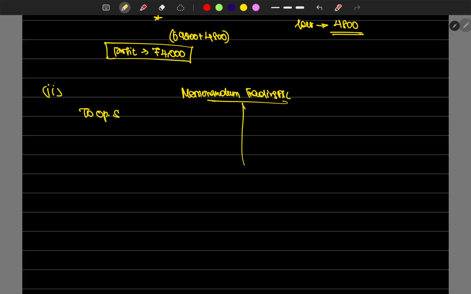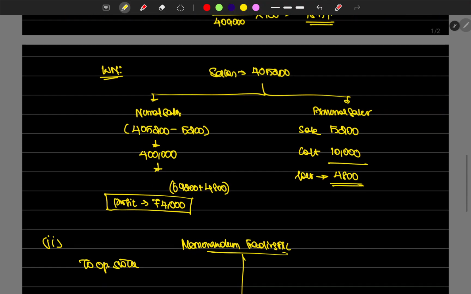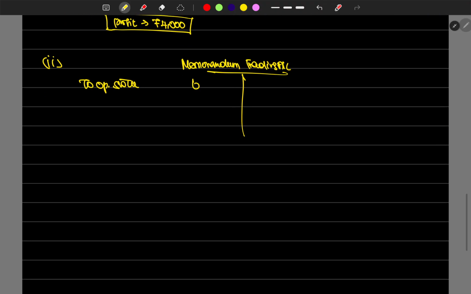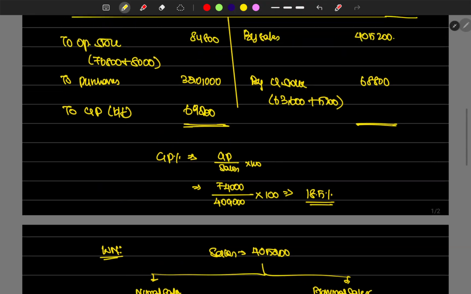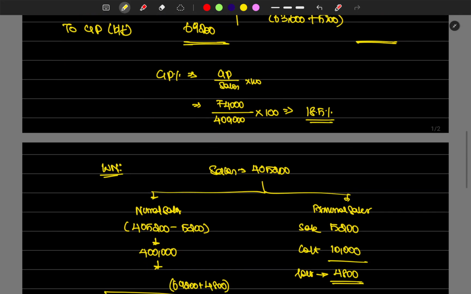To opening stock, which is the closing stock of last year, which is 68,800. To purchases, how much was the purchases? 1,08,000.